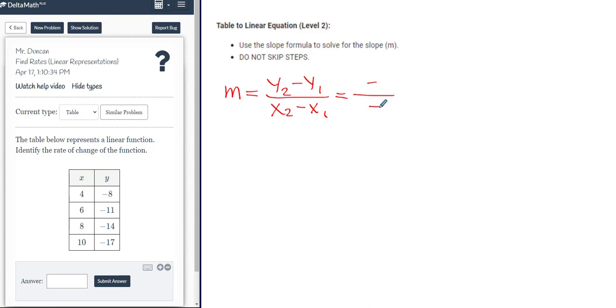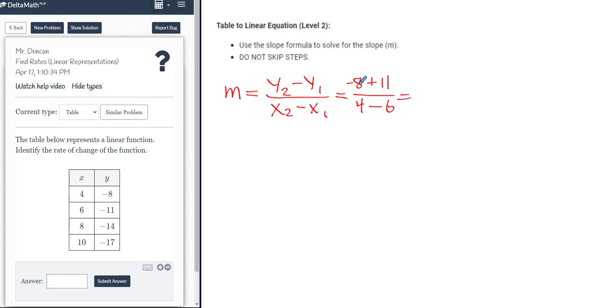So I'm going to put in the subtract signs. I'm going to use the first 2 points. I'm going to put negative 8 over 4 to start, and then I'm going to put negative 11 over 6. Notice that negative 11 is going to be changed to a positive 11. And then the x value that goes with that y is going to be 6.